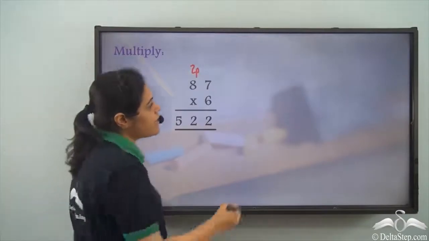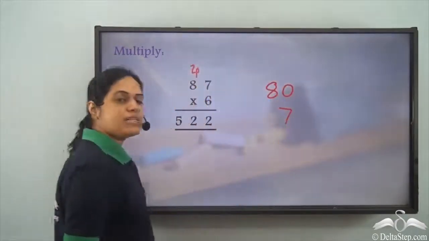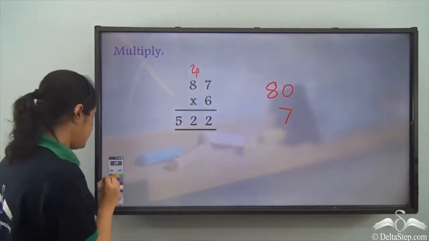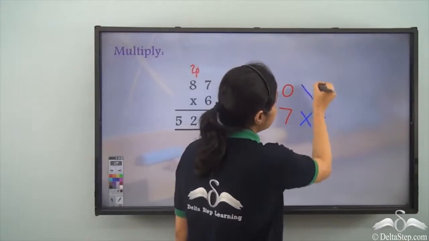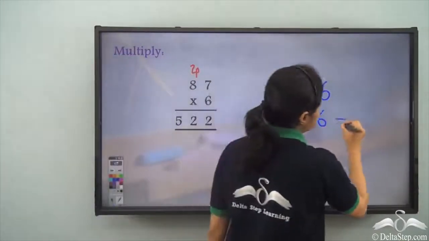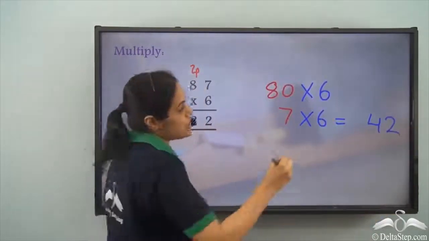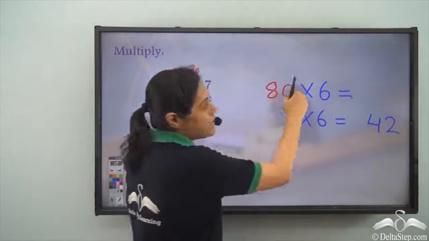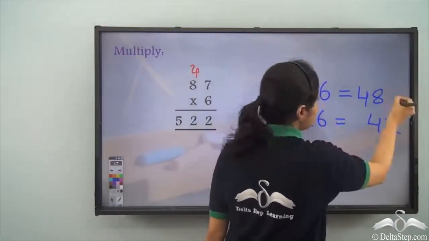Now let us cross verify. 87 is 80 plus 7 and I need to multiply by 6. So 7 into 6, 80 into 6. 7 into 6 is 42. What is 80 into 6? 8 into 6 is 48 and I have a 0.